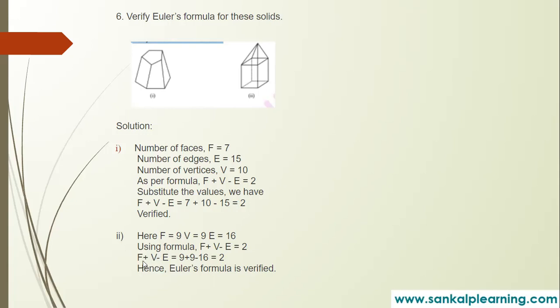So apply the formula here. F plus V minus E is equal to 2. F, that is 9, plus vertices also 9, minus edges 16, that is equal to 2. So Euler's formula is verified.